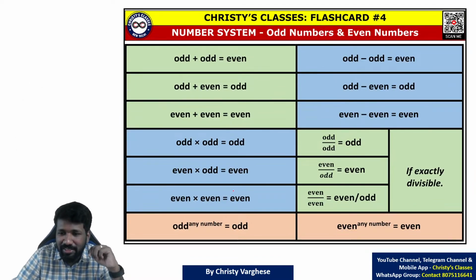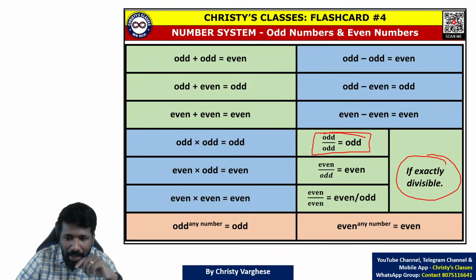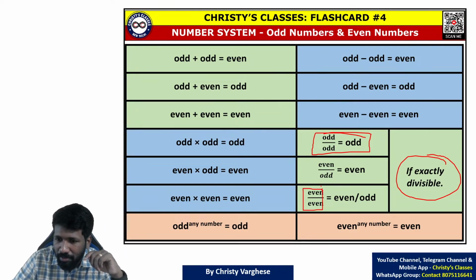That idea, yesterday we discussed in one question, this arithmetic of odd and even numbers. So here, if it is exactly divisible, odd number by odd number will always be an odd number. And in some cases, even number by even number also can be an odd number. For example, 10 by 2 is 5. But 12 by 2 is 6.